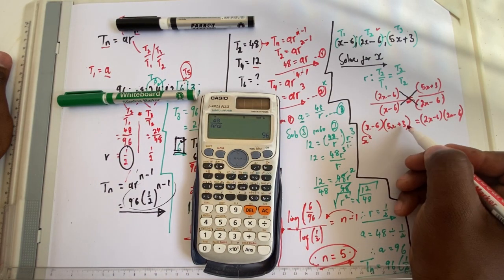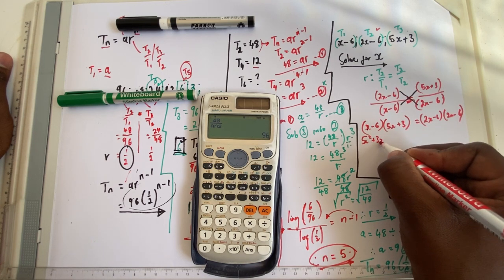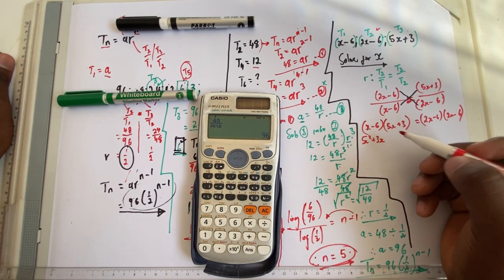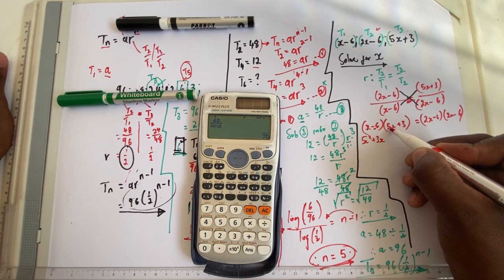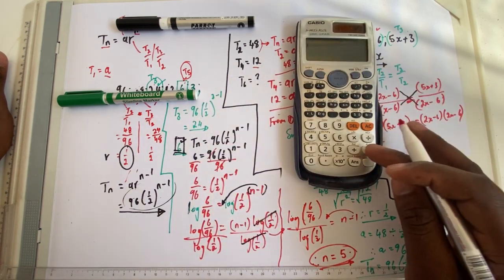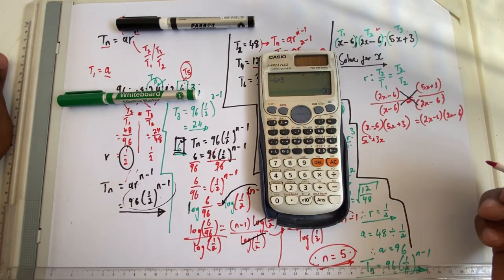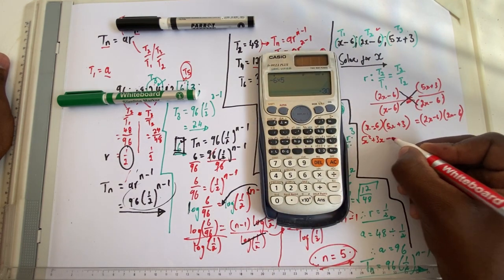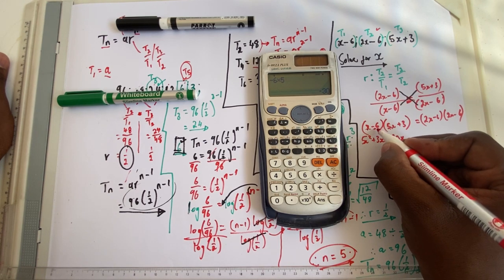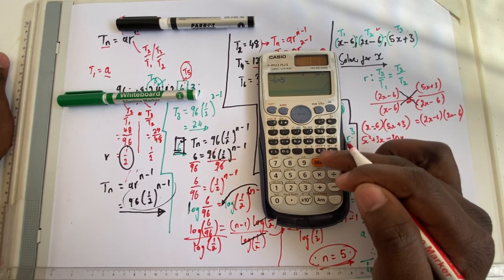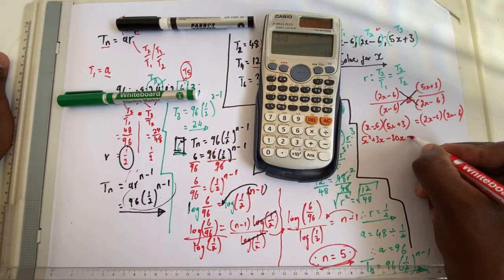Then this x multiplied with that, I'm going to be having plus 3x. Then this negative 6 times that, negative 6 multiplied with 5, I get negative 30, so I'm going to say minus 30x. Then this negative 6 multiplied by 3, I get negative 18.